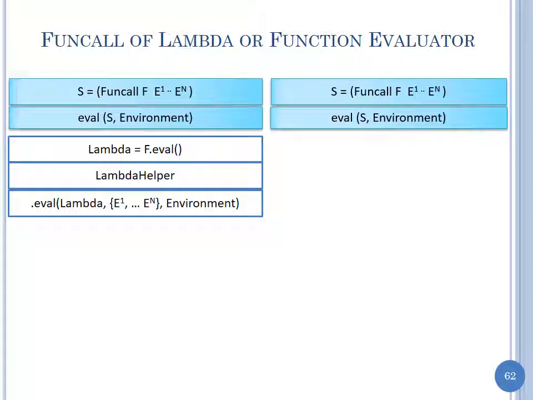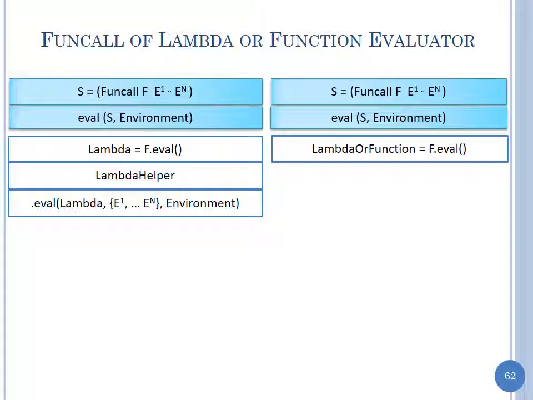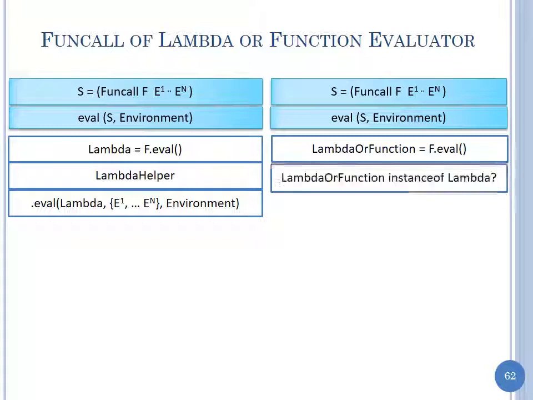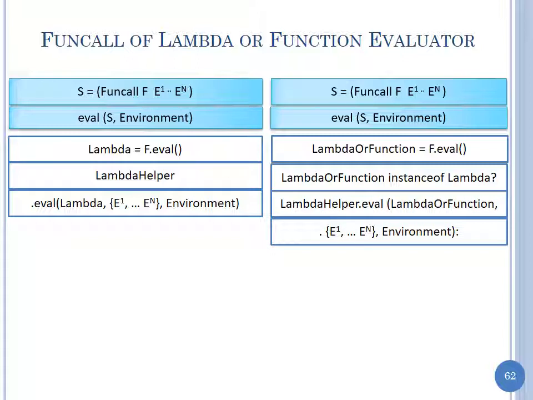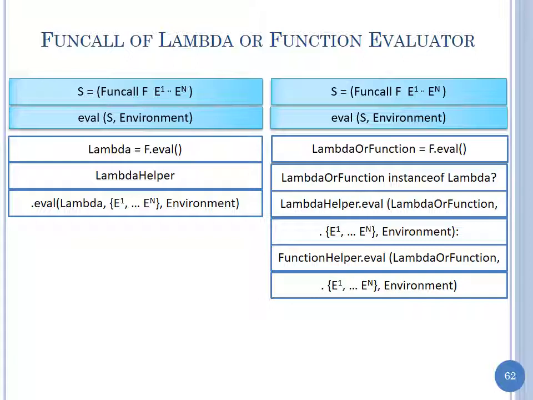So all I have to do is say lambda or function, and now I just check. Is it lambda? Do the lambda thing. If it's not, do the function helper. So this is also taken care of. Questions?